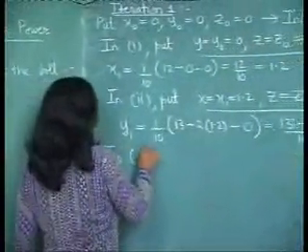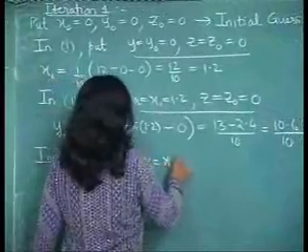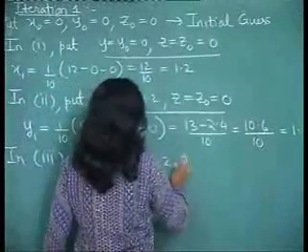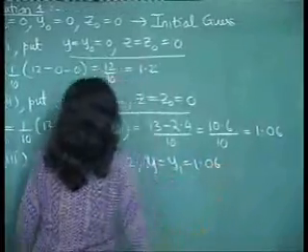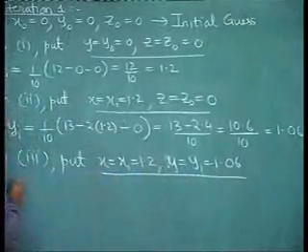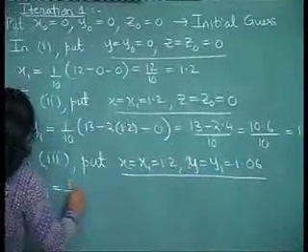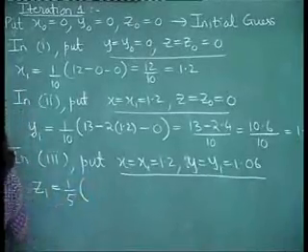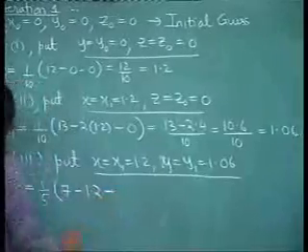So in equation 3, we put x equal to x1, which is 1.2, and y equal to y1, which is 1.06. So from equation 3, we get z1 to be 1 upon 5 times 7 minus x1 minus y1.